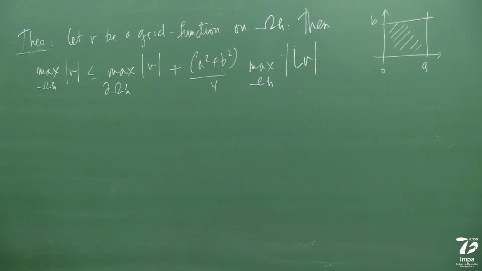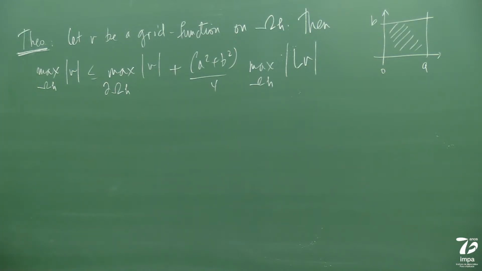So we have here just some function, a grid function on this domain AB, this rectangle, and for this function with given regularity, we have this estimate.